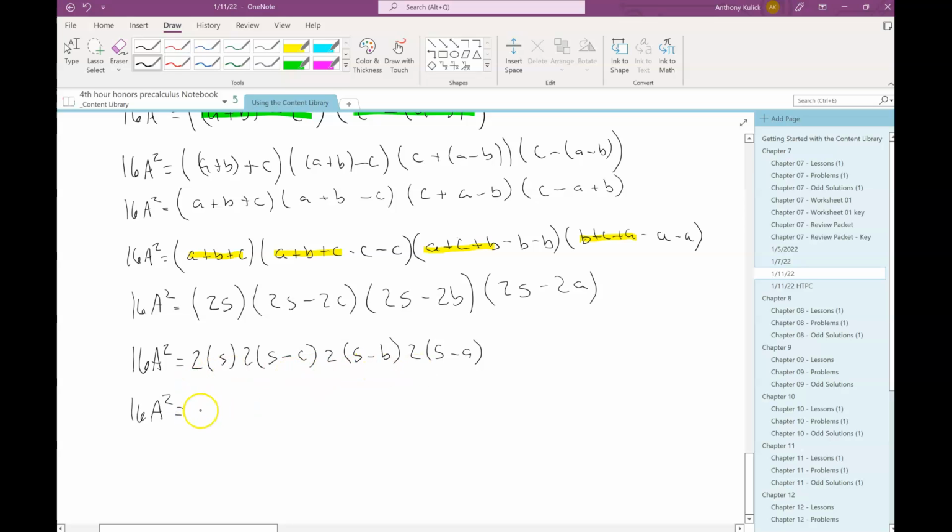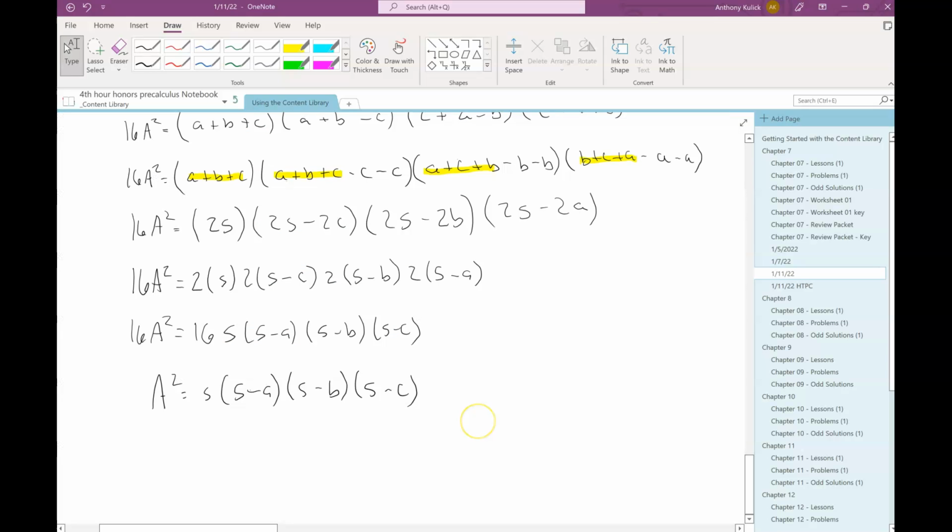So 2 times 2 times 2, I'm going to multiply together to make 16. And then just change the order of the parentheses a little bit. I divide both sides by 16. And then we just square root both sides, and there we go.